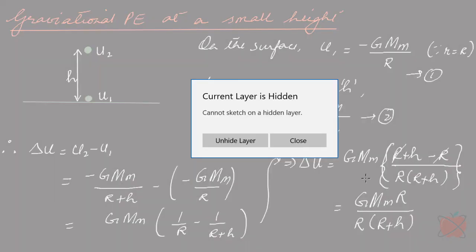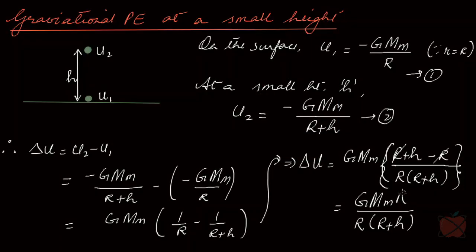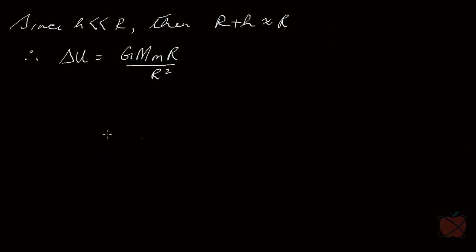That is h here. Okay, so here also I should be getting h. So you have mgh, since g is equal to GM by R squared.